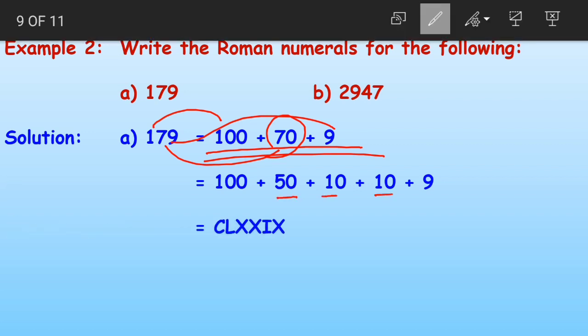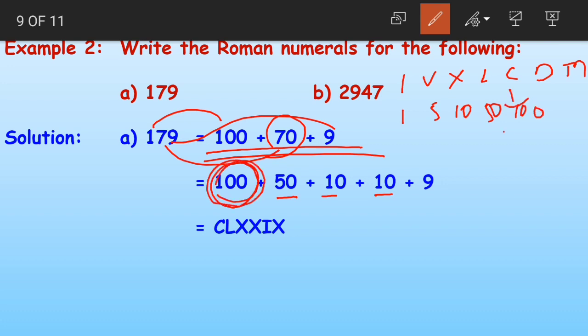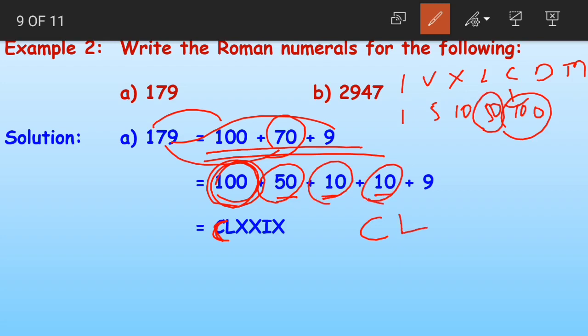Yes, children? Now when we look at the place value chart IVX LCDM, we have 1, 5, 10, 50, 100. C stands for 100. We want 100 here, right? So we wrote C. Then 50. L stands for 50, so L. Then we have 2 tens, so we write XX.